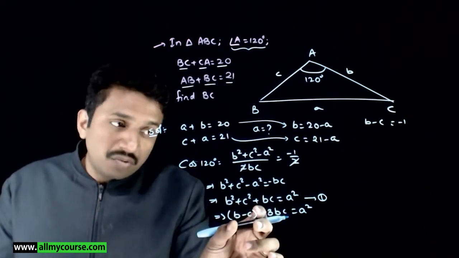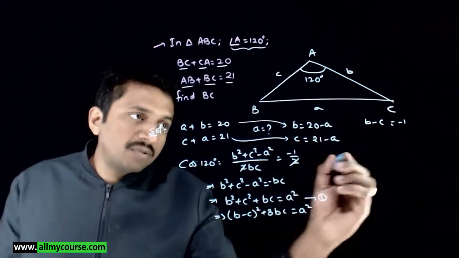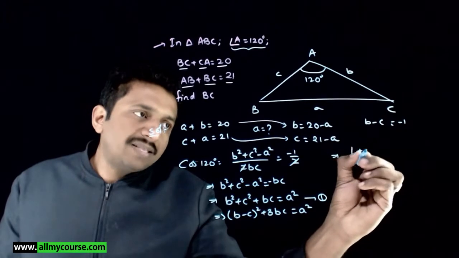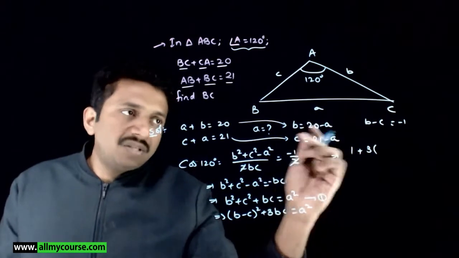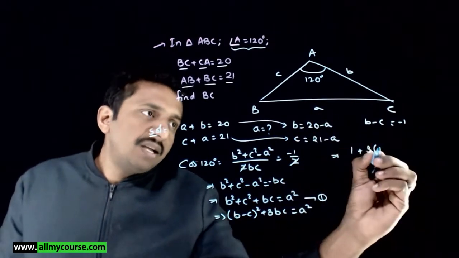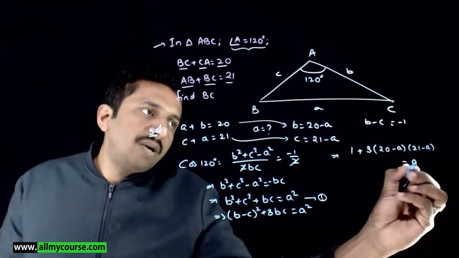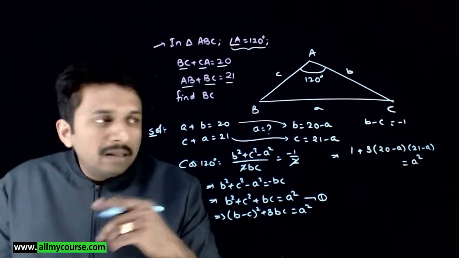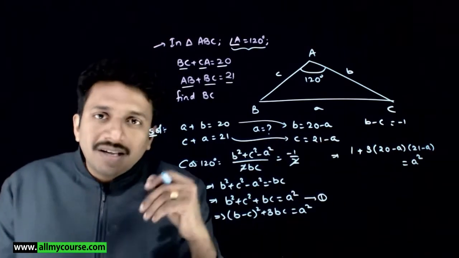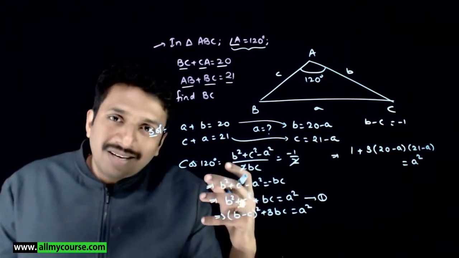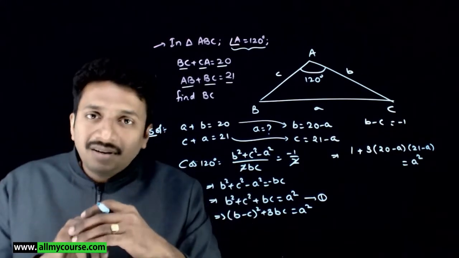So (b minus c) whole square is 1. So this completely becomes 1. So 1 plus 3 times b into c. b into c is (20 minus a) times (21 minus a), is equal to a square. Now if you expand this, you get a quadratic in a. If you solve that quadratic, theoretically you should get the answer for a.